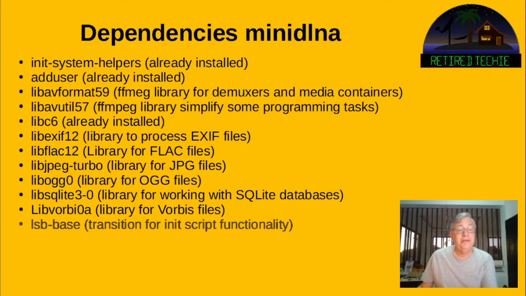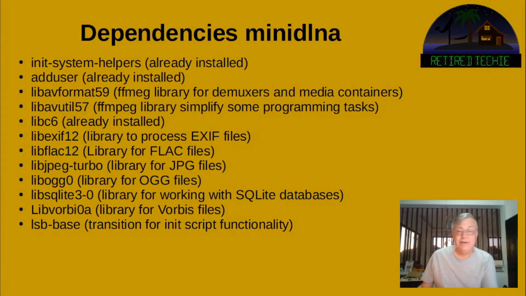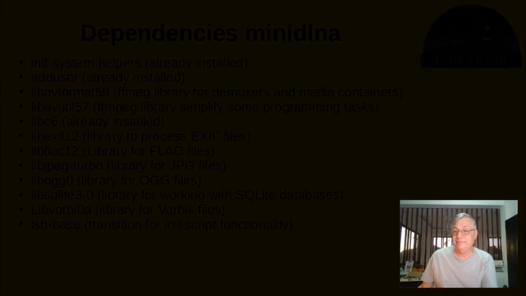And lsb-base is a transitional script for init functionality, and on some systems it might already be installed. I don't believe it is installed by default on Debian though, but it will be installed if you load minidlna. All right, that was rather quick, I guess.